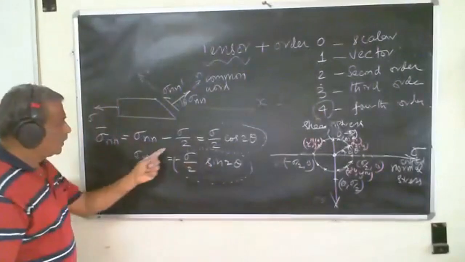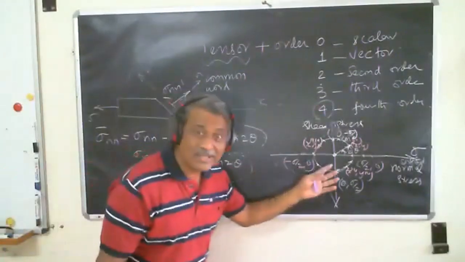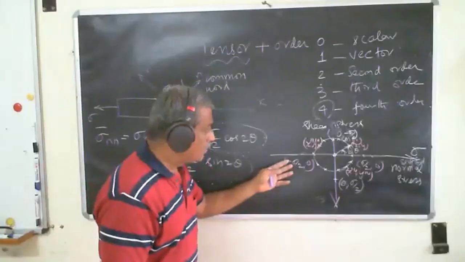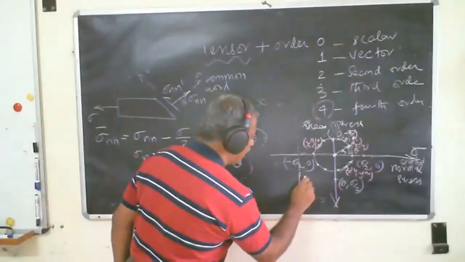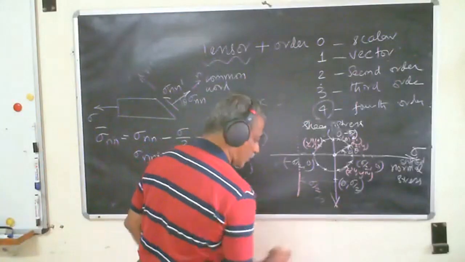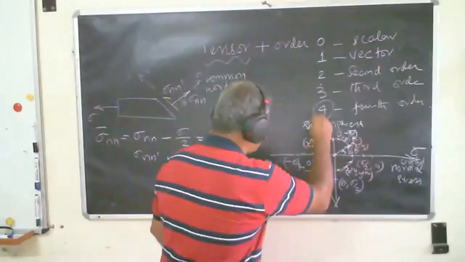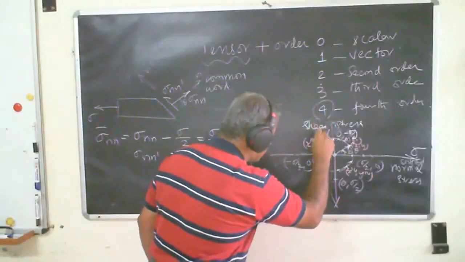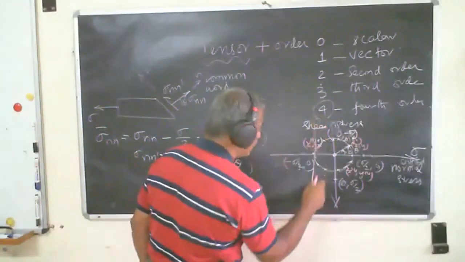Of course, I have a sigma NN minus sigma by 2, which means I have to now shift this curve, right? How do I shift this curve? That's very simple. All I have to do is just shift it by sigma by 2. I'm sorry. So it will actually pass through the tangent of this, right?